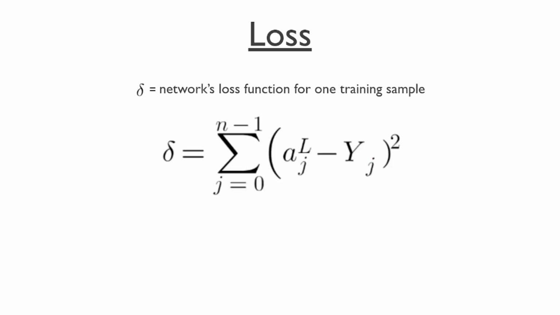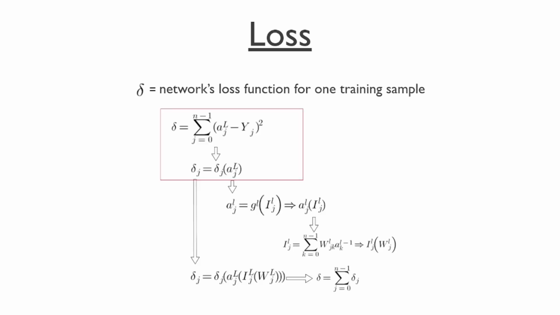We'll use delta to describe the loss function for our model, given a single training example. For this video specifically, we'll use the sum of squared errors for our loss function. This is a simple function that takes the difference between the activation outputs of the nodes in the output layer and the desired values y sub j for all the nodes in the output layer. For each node, this difference is squared and then we sum up all these squares.